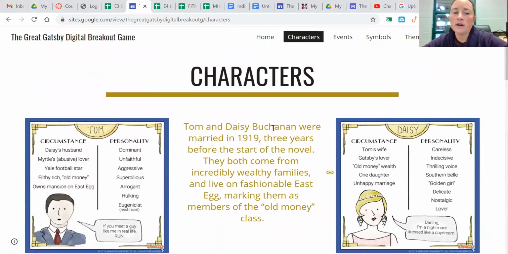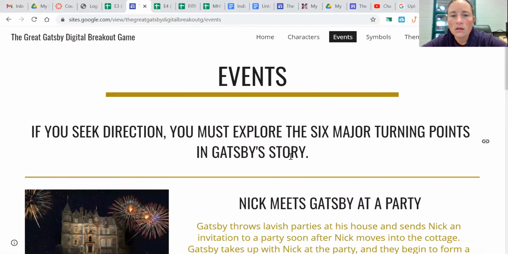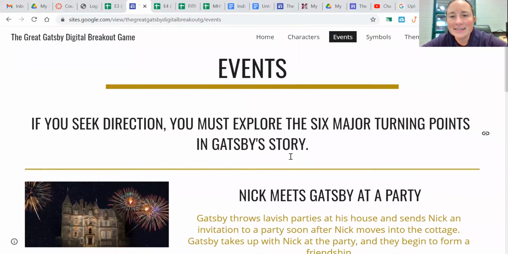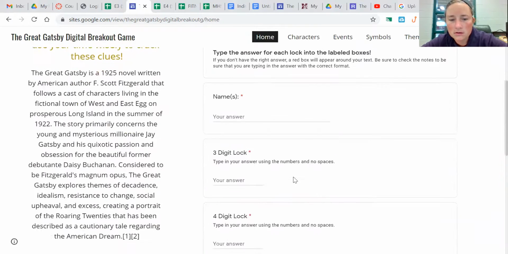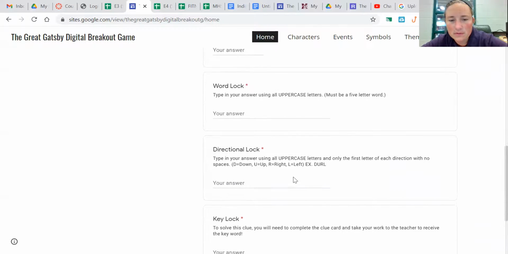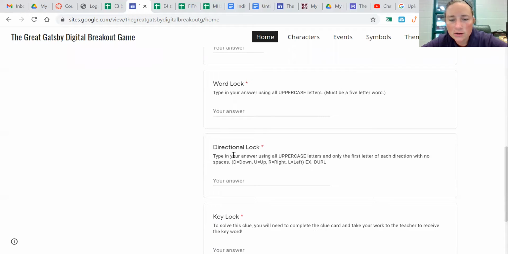Once you find the clue to the characters tab, you click on events. This events tab goes with the directional lock.